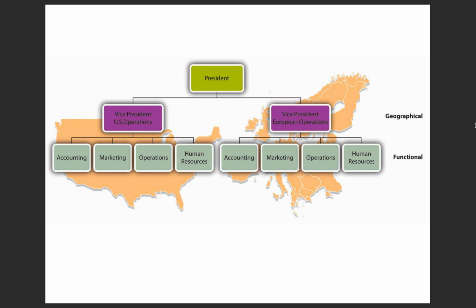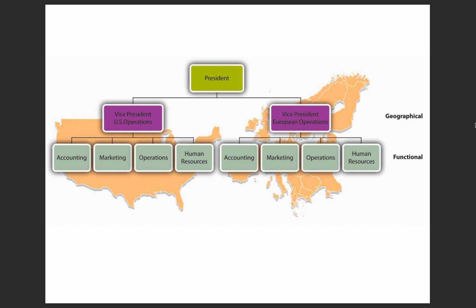Here we go back to the hierarchical organization where it's a pyramid-like organization. Here it's represented as a flowchart. Again, here we can see one person in charge of a functional area. In this representation, it is the president at the top with the dark yellow, and then that person is in charge of the vice president of the European operations, and he's also in charge of the vice president of the US operations, and these people are in charge of accounting, marketing, operations, and human resources.